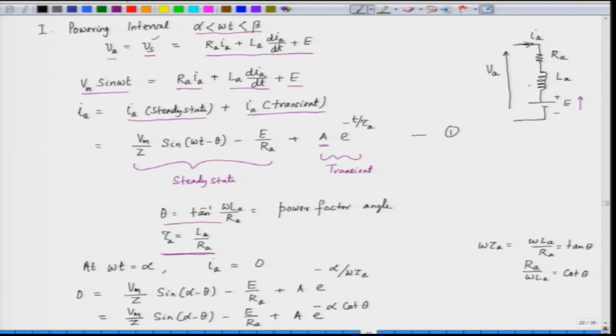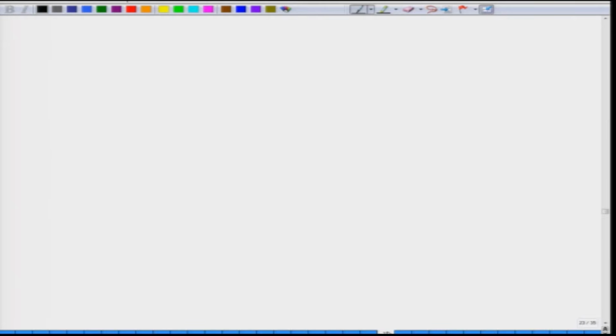Now, we have to find the value of A. The value of A here is equal to E by RA minus Vm by Z sin(alpha minus theta), times exponential of alpha into cot theta.